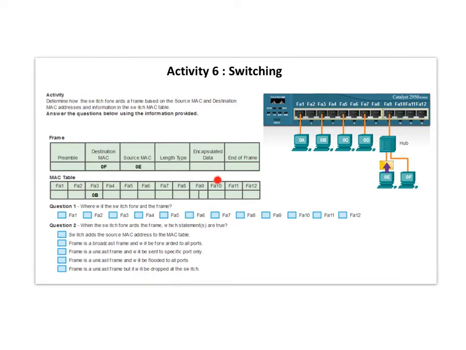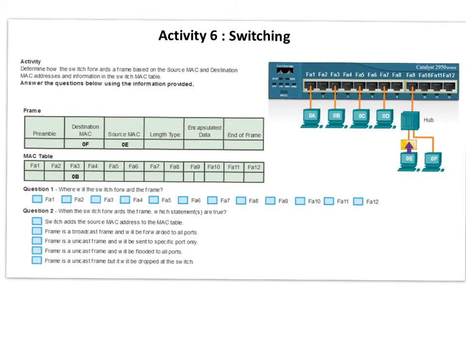Then, based on the MAC table, which is what the switch will consult to figure out which port to send this frame to, it needs to perform a certain function, whether to send to one port or multiple ports. So you need to mark all the ports that will receive this frame, and then check whichever of these points apply. Here you can check multiple boxes, and here as well. So you need to think about which boxes you need to check.